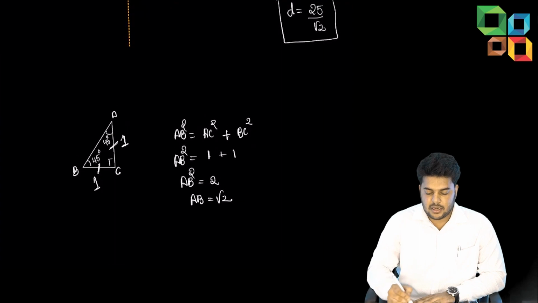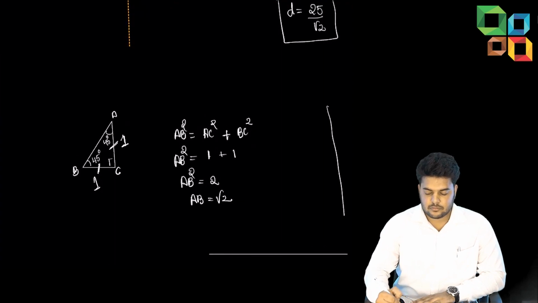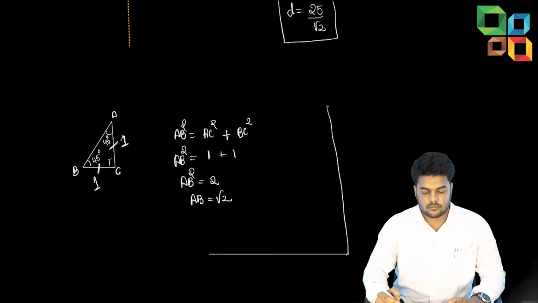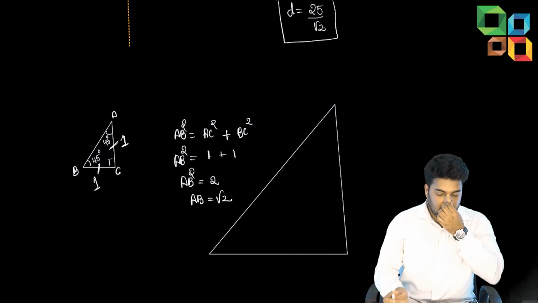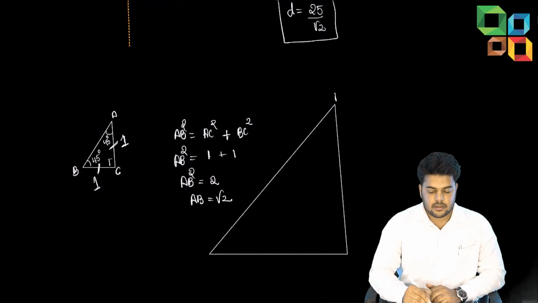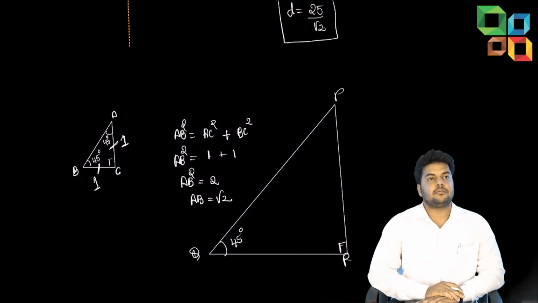So suppose I'm given a bigger triangle. It's a right angle triangle, but a bigger one. But the specialty about this big triangle, PQR, is that one of the angles is 45 degrees.